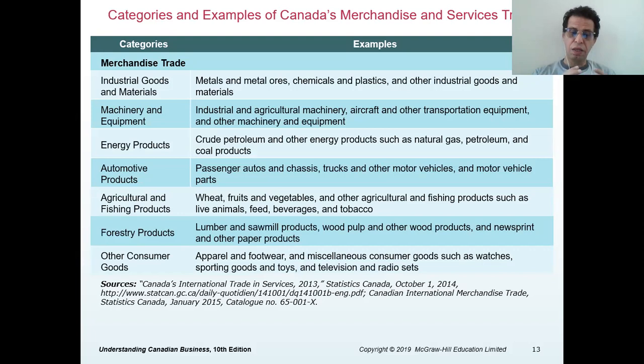And then you have automotive products like passenger autos and motor vehicles and so on. So look at these merchandise trade examples, and the sources from Canada International Trade and Services.